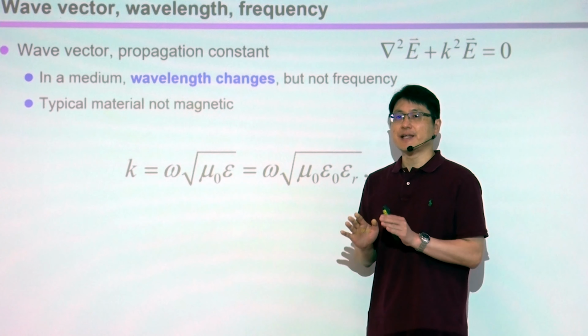So let me write it down for you. So K is equal to omega square root of mu 0 epsilon 0 multiplied by epsilon r, right? Another way to write it. But this is 1 over c. This is omega divided by c and times the square root of epsilon r. Now, starting from junior high school, you knew that the refractive index of water is 1.33. The refractive index of glass is 1.5.